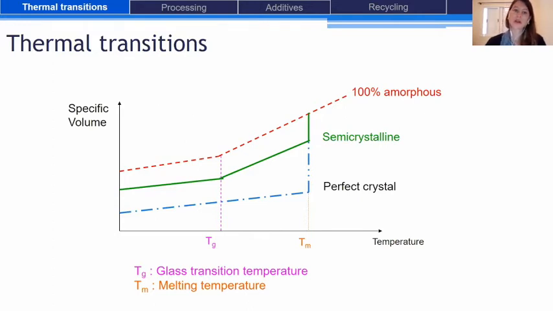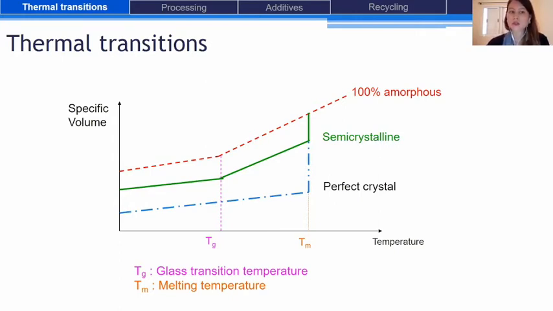polymer. And before talking about polymer processing, we can have a look at this figure that represents the evolution of the specific volume of a polymer with the temperature. First of all, let's look at a 100% amorphous polymer. In that case, we will only have a glass transition temperature and no melting temperature because there are no crystals.